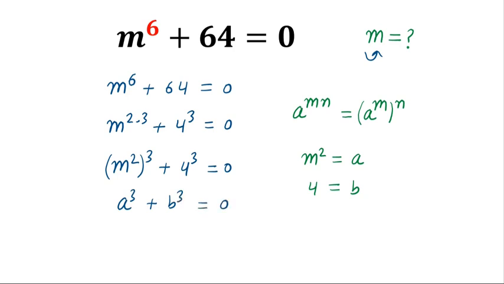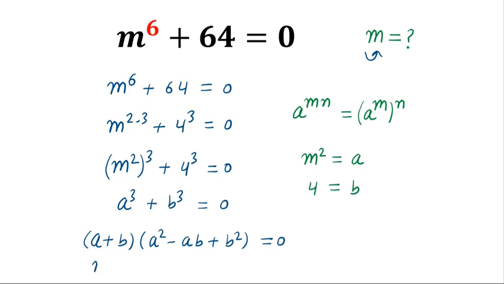In the left hand side we have a cube plus b cube, and we know that the factor of a cube plus b cube is a plus b multiplied by a square minus ab plus b square is equal to 0. Now replace this a by m square and replace this b by 4.